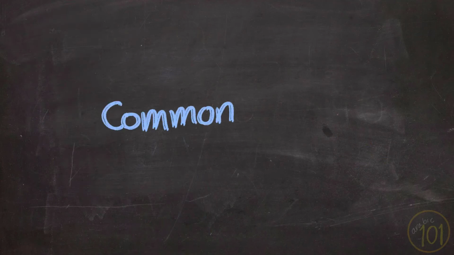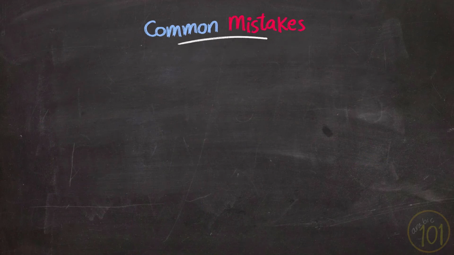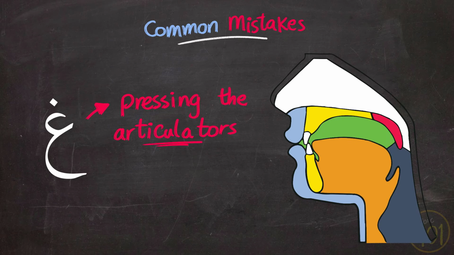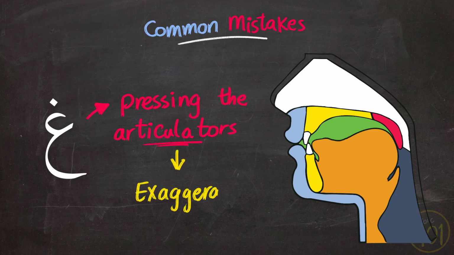Now, what are the common mistakes that we should avoid when producing these 2 sounds? We're going to start with the common mistakes of the ghain. The first common mistake is when the root of the tongue is pressed against the soft palate. This is usually caused by exaggerating the pronunciation of ghain, and also happens to most beginners.